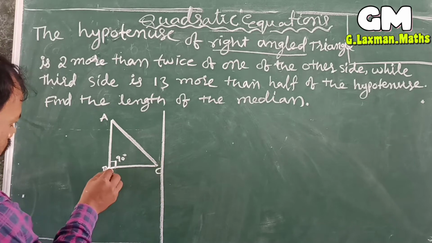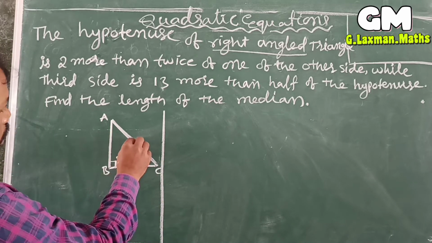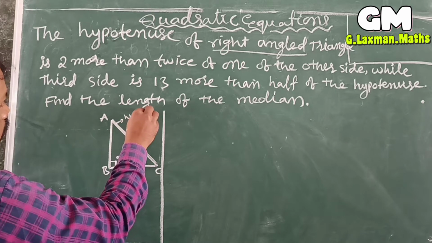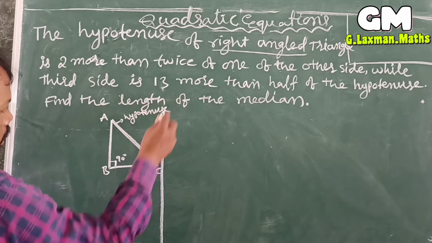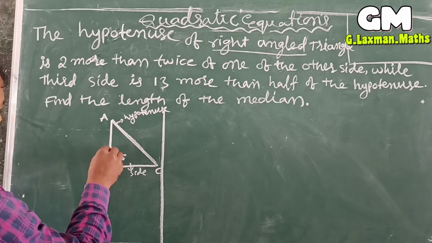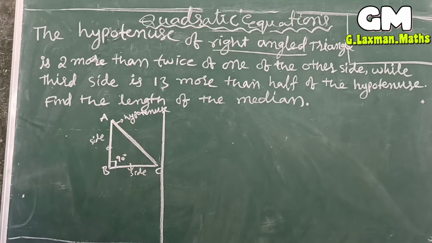The side which is opposite to the right angle in a triangle is called the hypotenuse. This is one of the sides and this is one of the other sides. These two are sides and this is the hypotenuse. Now we'll go for the problem.